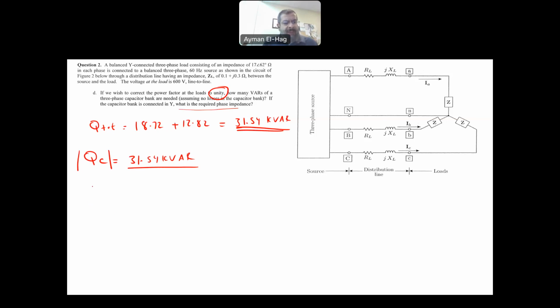Now, how to do that? Now, Q is equal to basically, as we know it, root 3 V line I line sine of theta. Now sine theta is equal to 1.